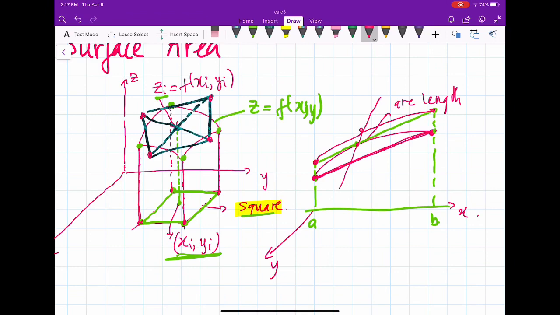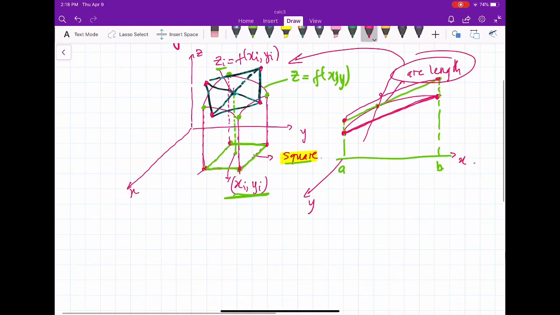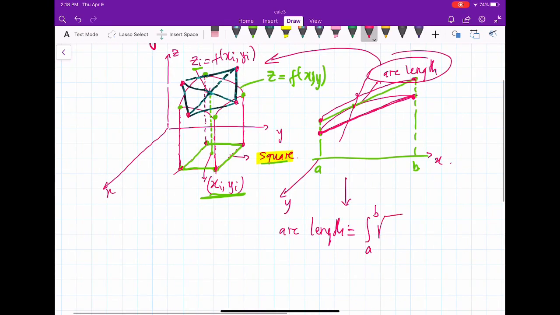So, if you generalize the case of arc length to the case of surface area, you would have the following picture. The formula for arc length is the integral from a to b of the square root of 1 plus the derivative squared, dx. That is the one-dimensional case.